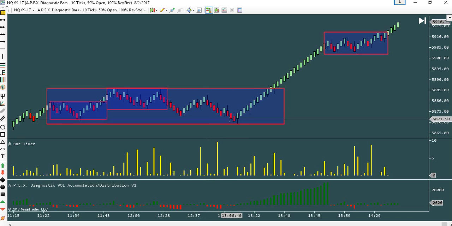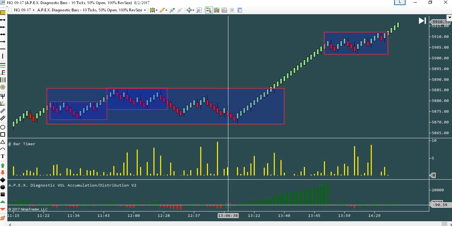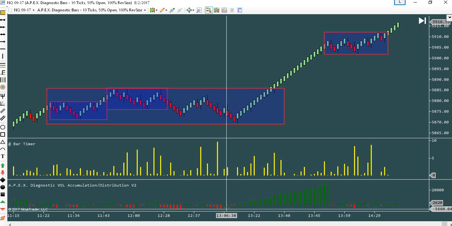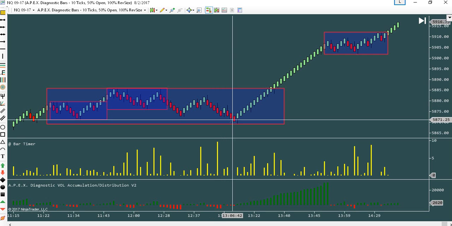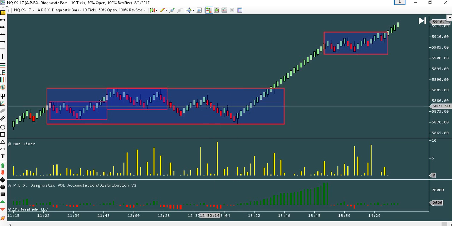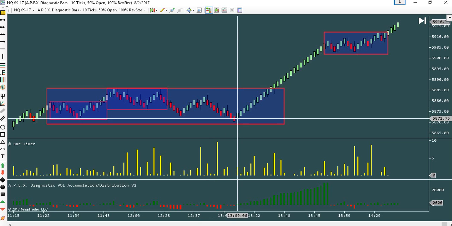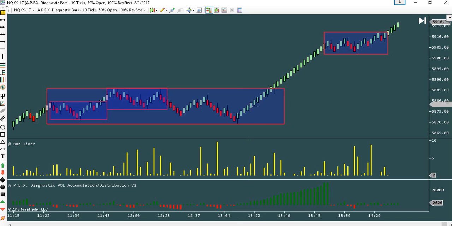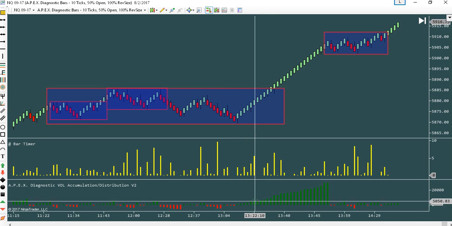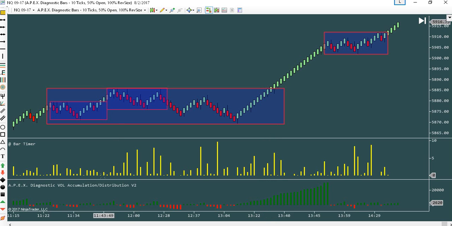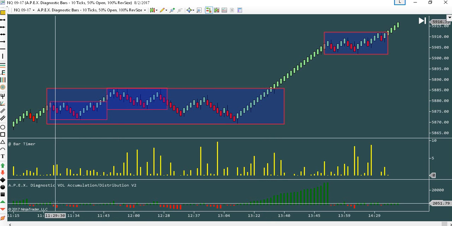It went down a little bit further, kind of where our chop box would have been, on very little red VAD volume, and it exhausted, right? It tried to push out of it like a fake break and couldn't do it. And then what happens? The market starts building. And what happens? VAD starts slowly building, right?